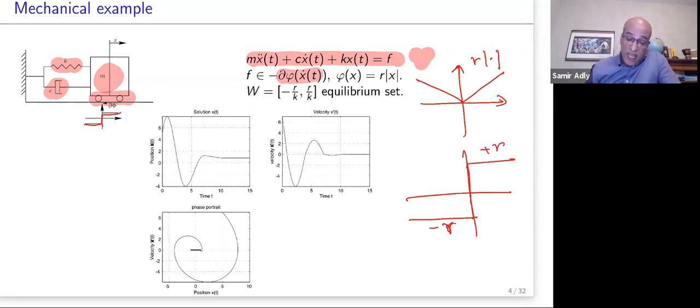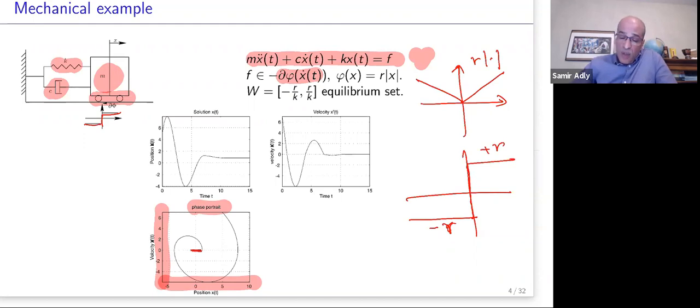So if you look at the trajectory, the first thing to observe is the phase portrait, okay? This is the velocity versus the position. You will have here this set of equilibrium points. This is a set. It's not a single point.